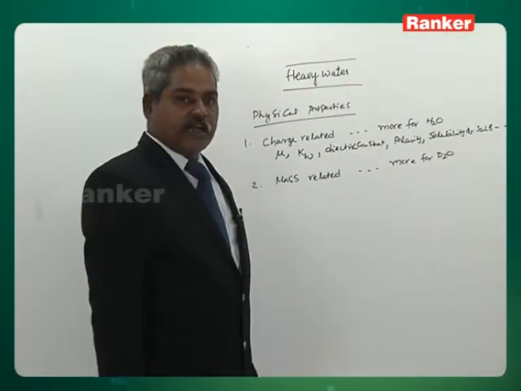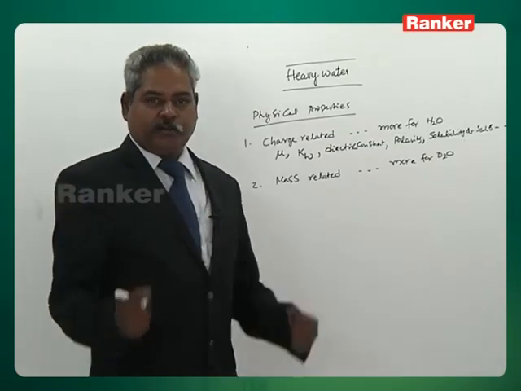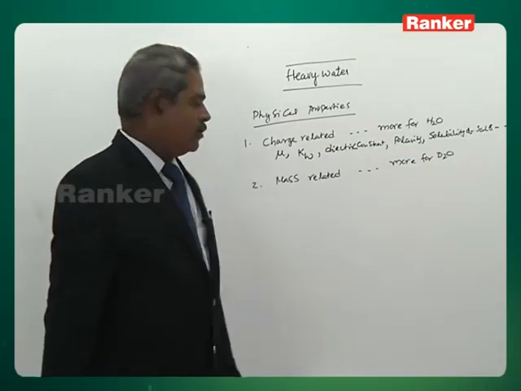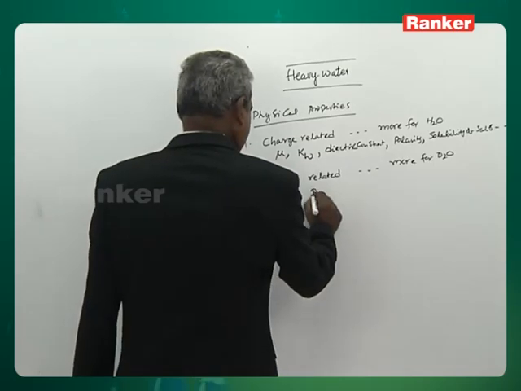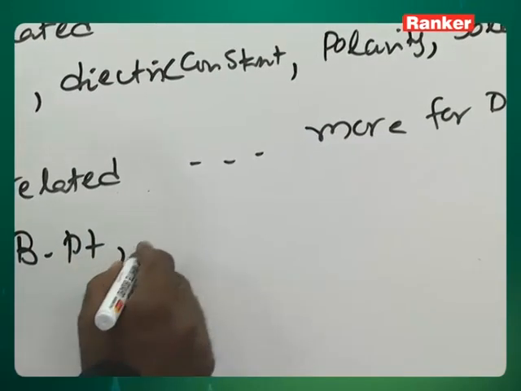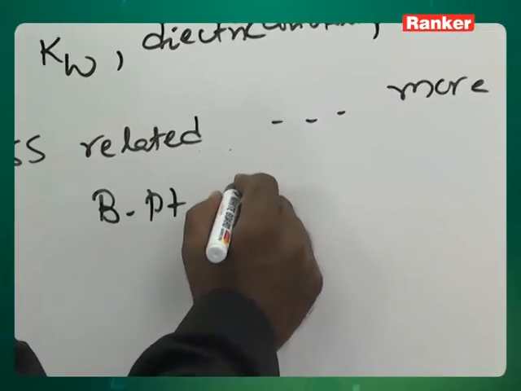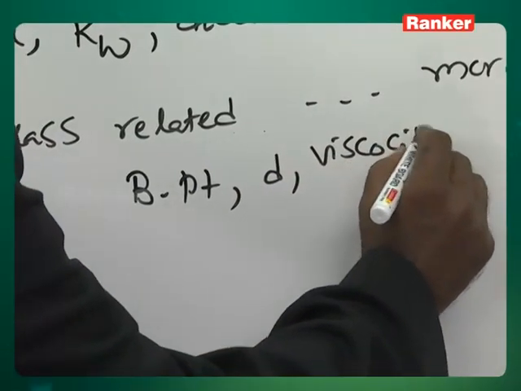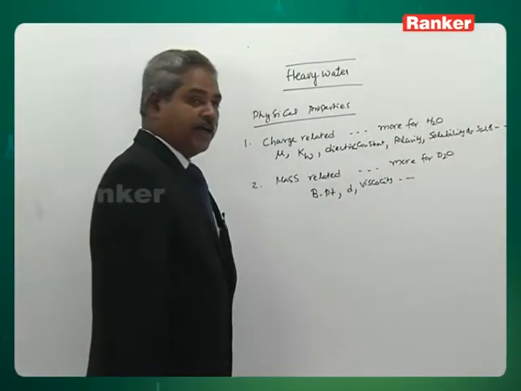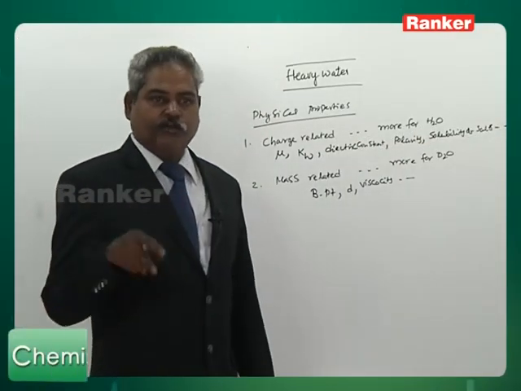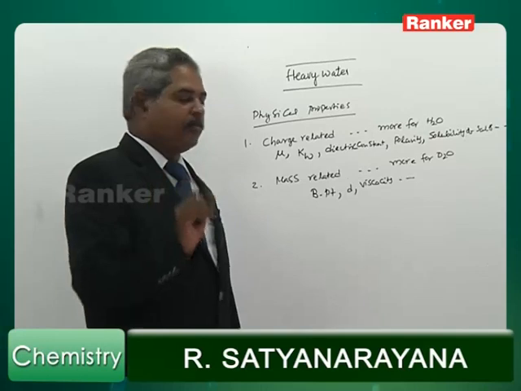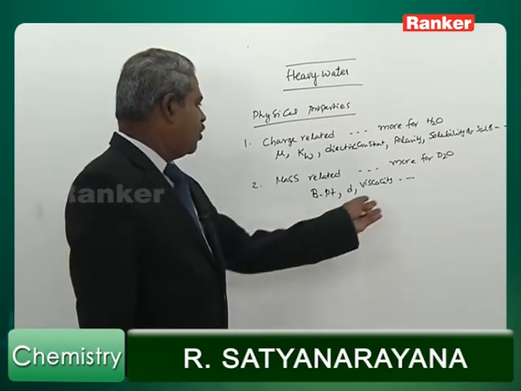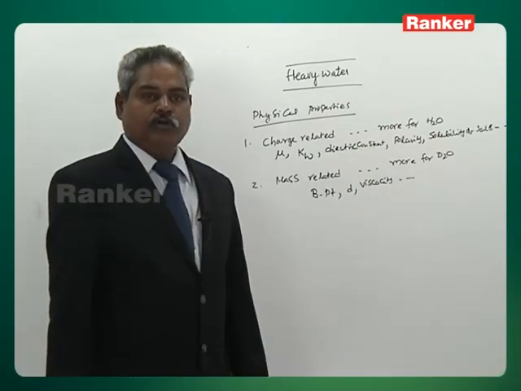And what are mass related properties? Mass related means something like van der Waals. Boiling point is more for D2O. Of course, density, viscosity, surface tension, all these are mass related, where cohesive forces are also involved, since it has an additional mass of 2 units. So, all these are more for D2O.